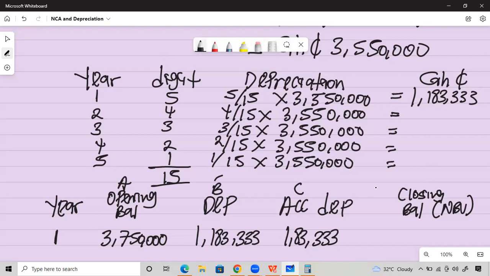D equals A minus C. That is the opening balance minus the accumulated depreciation. It will give you that.